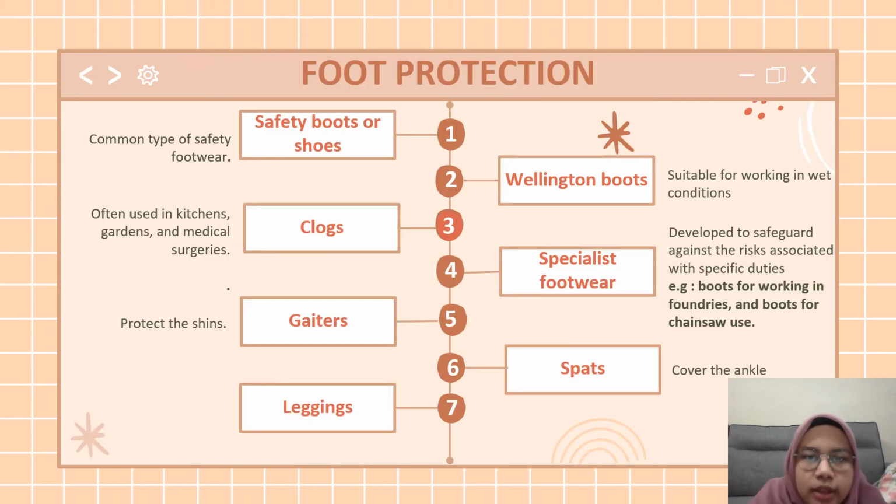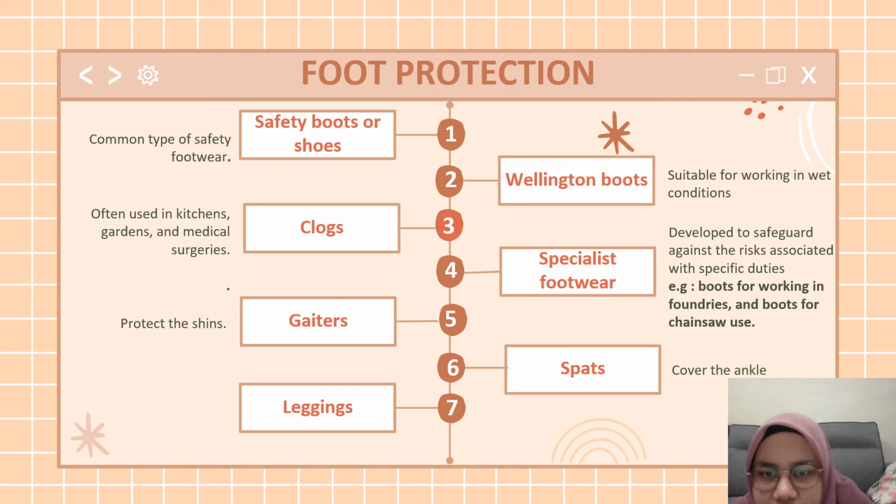So the foot protection. The first one is safety boot, the common type of safety footwear. The second one is Wellington boot that is suitable for working in wet conditions. Next one is clogs. This is often used in kitchens, gardens, and medical surgeries.